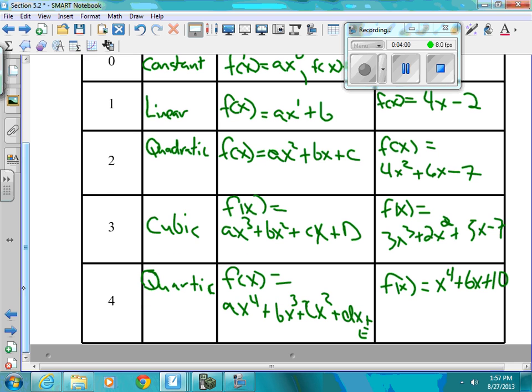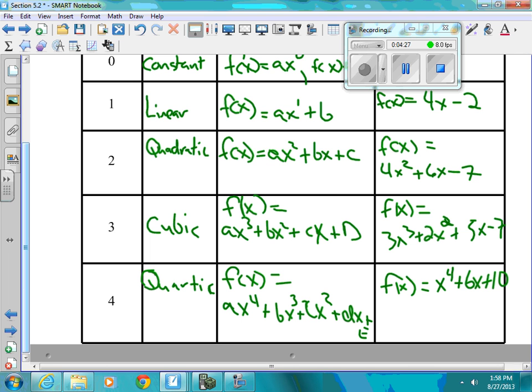Cubic functions have a degree of 3. So in other words, you're going to see a power of 3 somewhere in your equation. In standard form, it says f of x equals a times x to the third plus bx squared plus cx plus d, where a, b, c, and d are just real numbers.